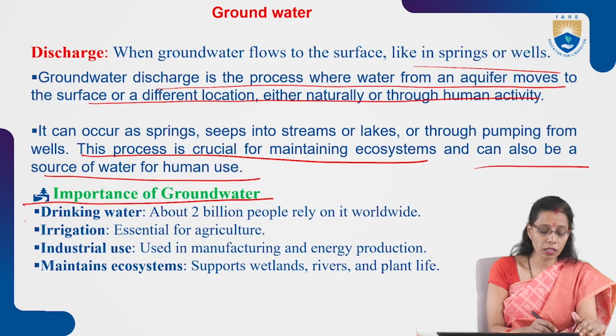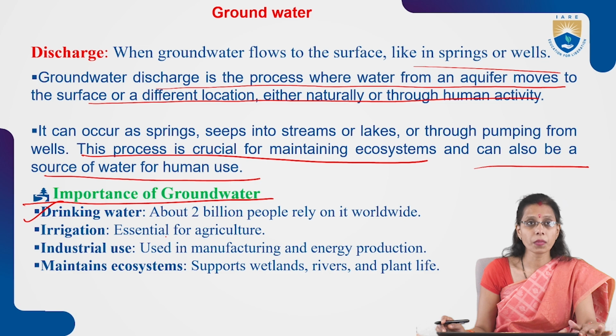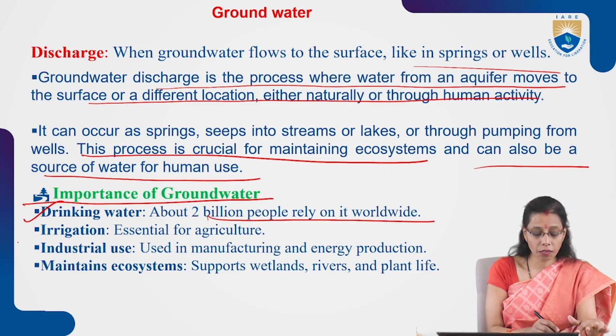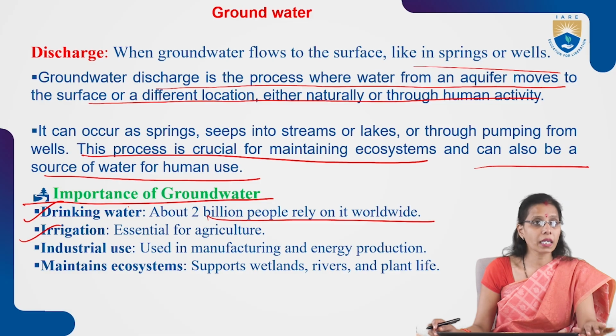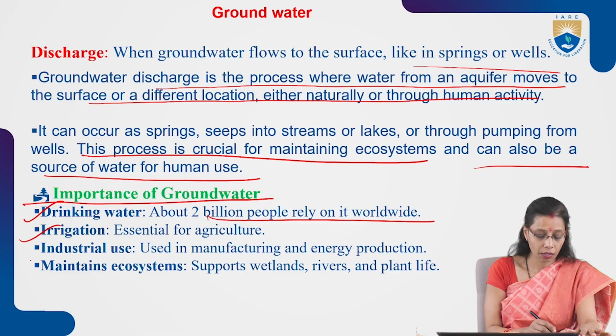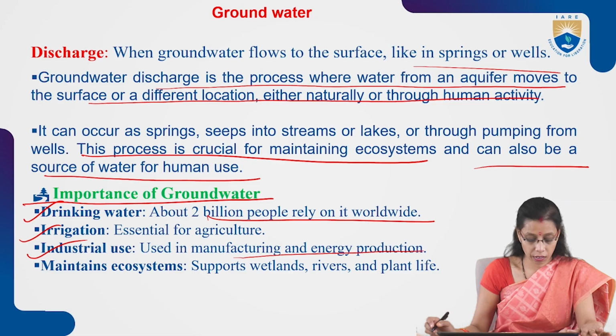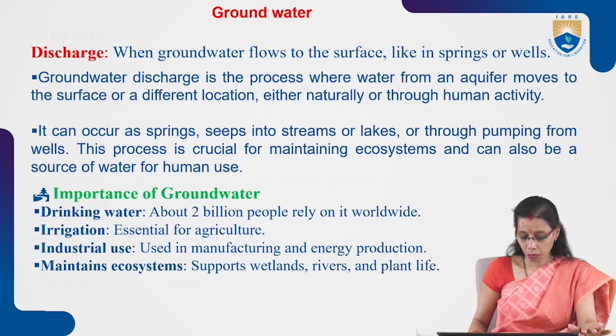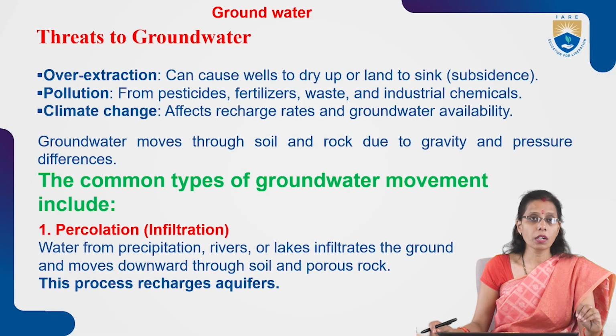So first of all, the importance of groundwater is drinking water. About 2 billion people worldwide rely on it. Irrigation is essential for agriculture. Then you have industrial use in manufacturing and energy production. It maintains ecosystems and supports wetlands, rivers and plant life.